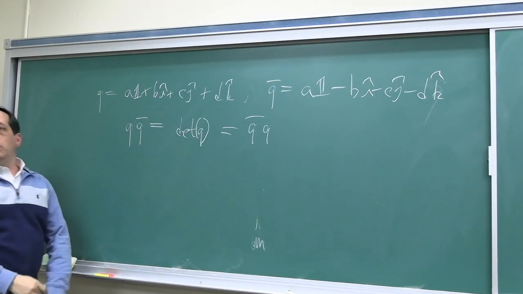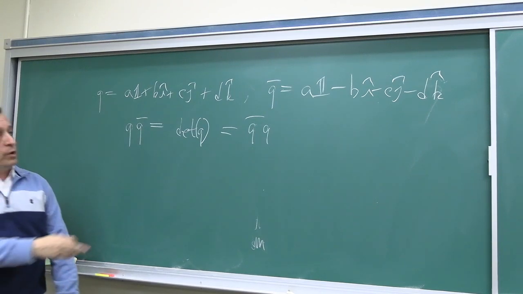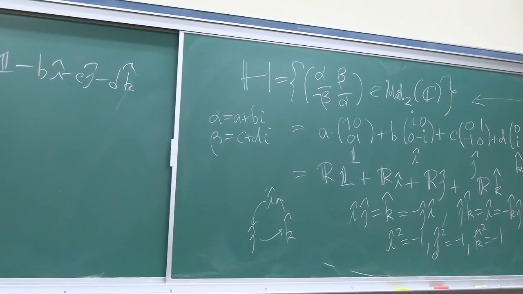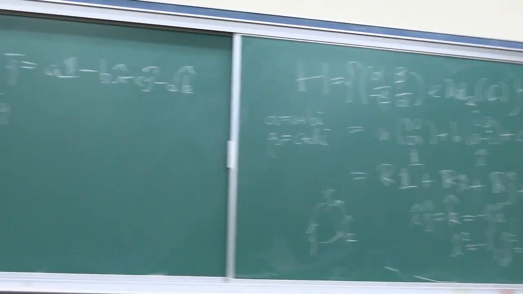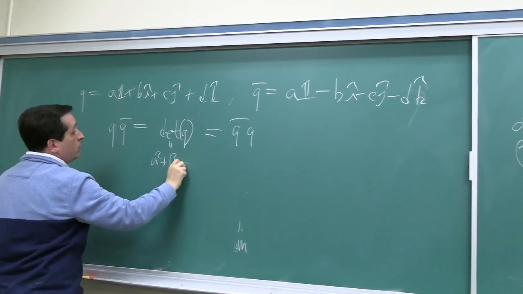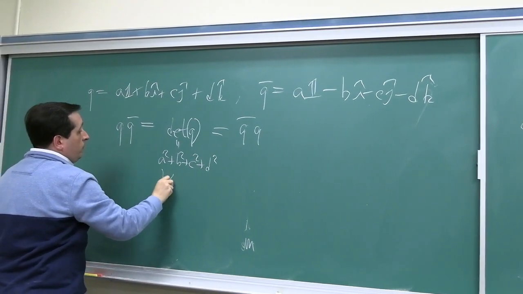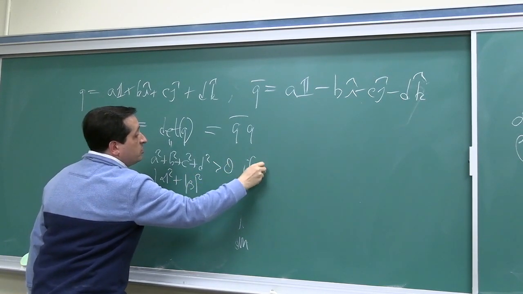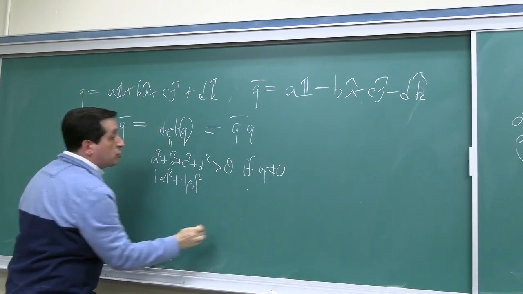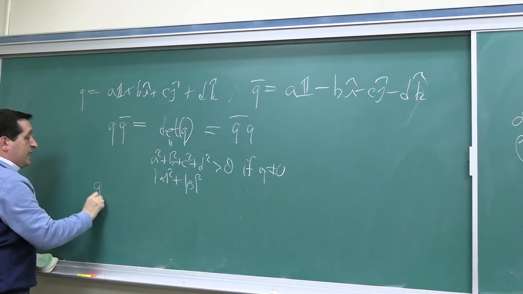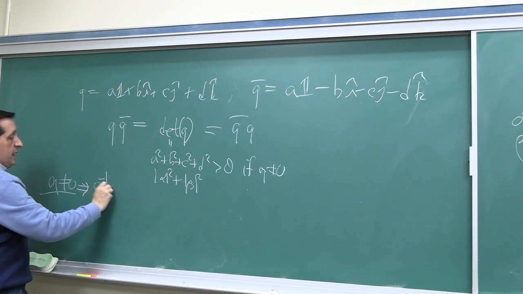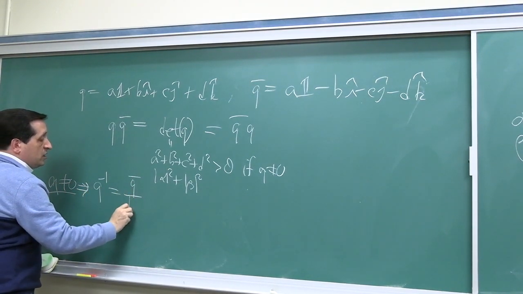You get the real number determinant of q. The determinant of this is alpha absolute squared plus beta absolute squared, which is a squared plus b squared plus c squared plus d squared. That's always positive when q is not 0. So this is extremely interesting, because what it says is that every non-zero quaternion has a multiplicative inverse given by the conjugate divided by the determinant.